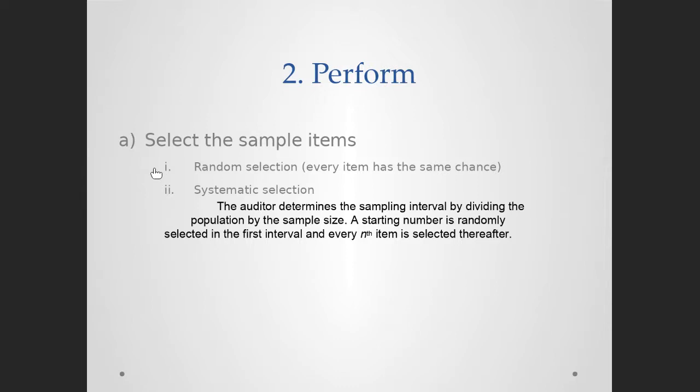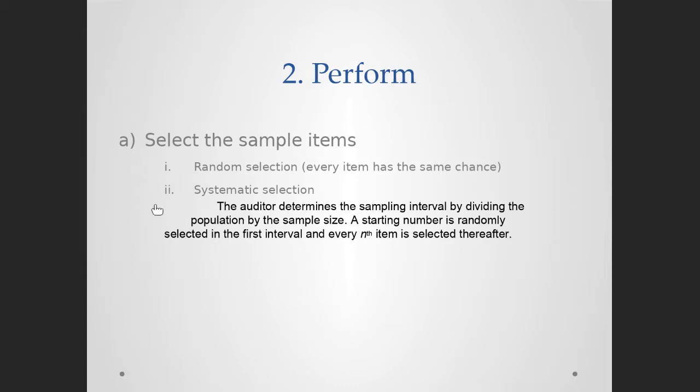We have 1000 checks that we're going to select 50 checks from. We ask the software to give us 50 numbers. So the software generates 50 random numbers, and we go to that box and we select 50 checks based on the numbers the software generates. So that's the random selection.